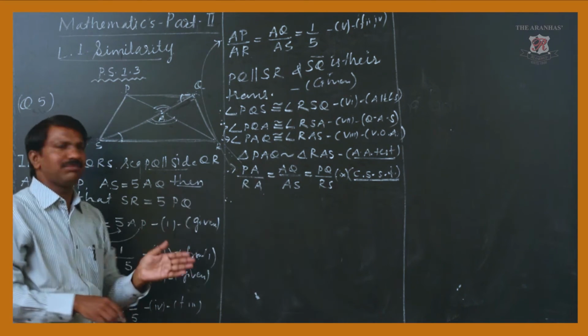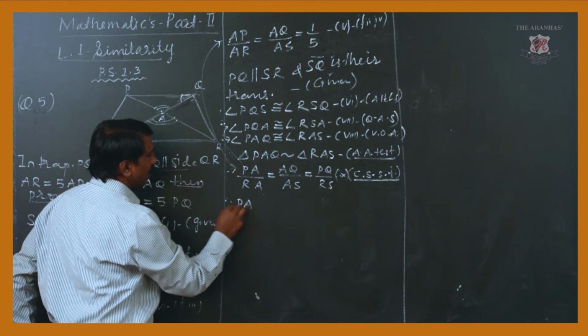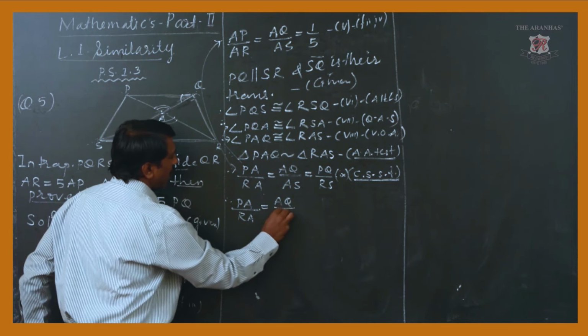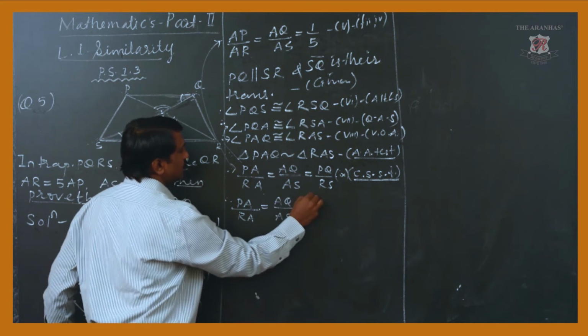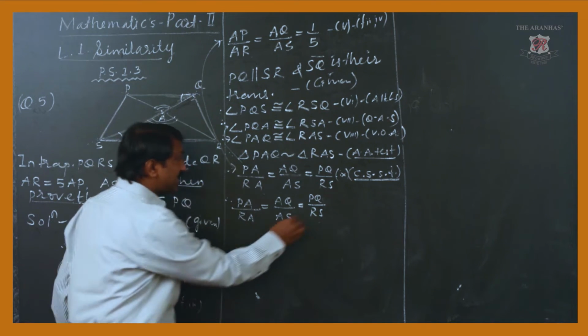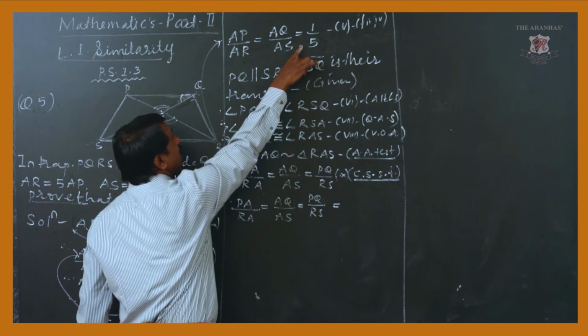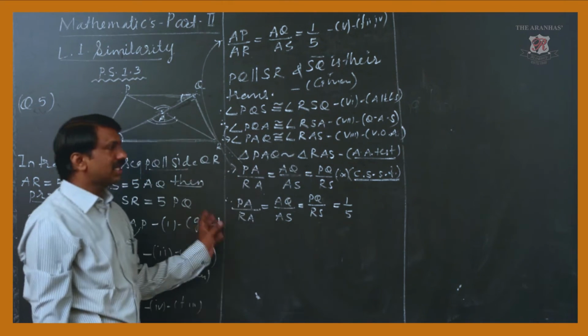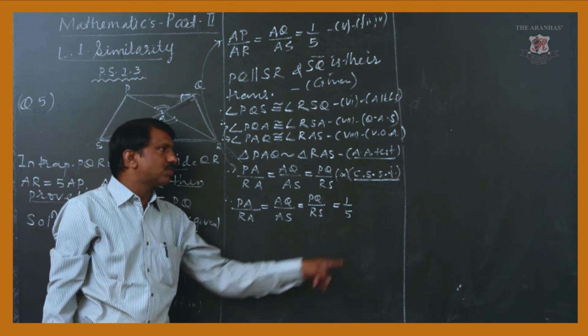I'll repeat this statement one more time. We get AP upon RA, which is equal to AQ upon AS, and also equal to PQ upon RS, which is equal to, see the value we found, 1 upon 5. All three corresponding sides are in proportion, and the value is 1 upon 5.